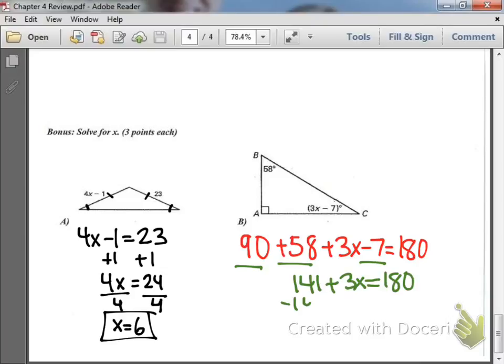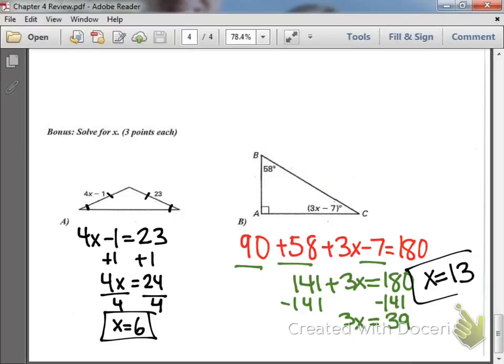What happens when you subtract 141 from both sides? What do you get? 39. All right, and then how do you get the x? Divide both sides by 3. So what is your x value here?